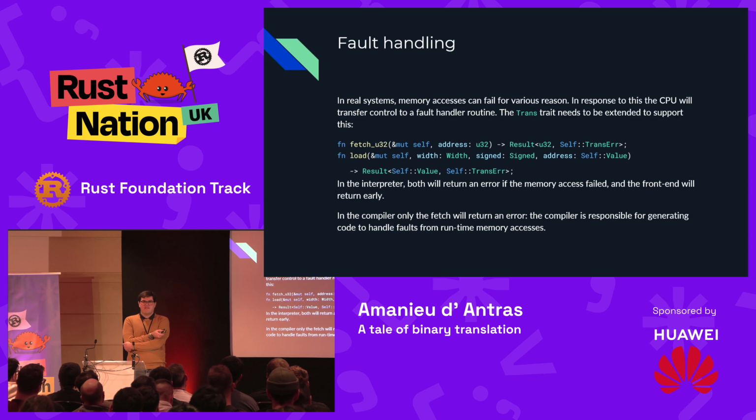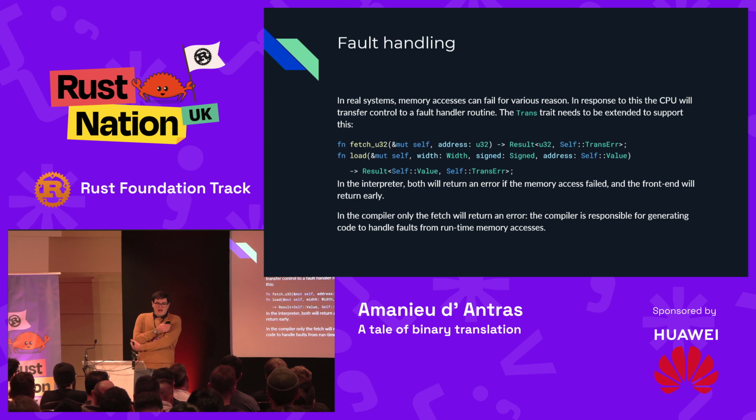Usually it's because of page permissions, or if the operating system hasn't finished loading your program from disk, accessing an address just creates a page fault, which the operating system handles by loading your program from disk and then resuming execution. Anyway, in response to a failed memory access, the CPU will generally transfer execution to a fault handler. So we need to be able to emulate this.